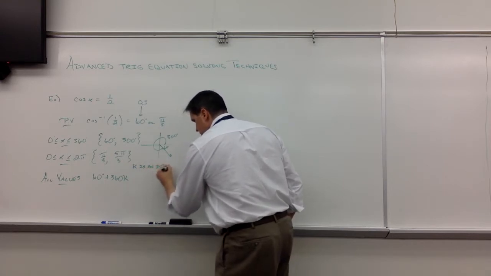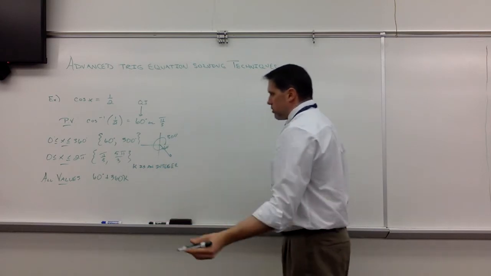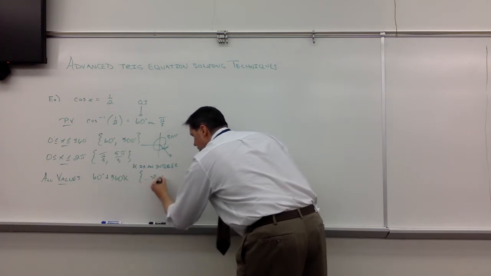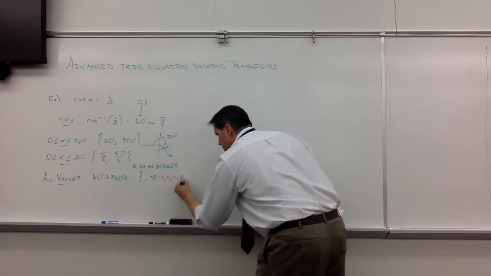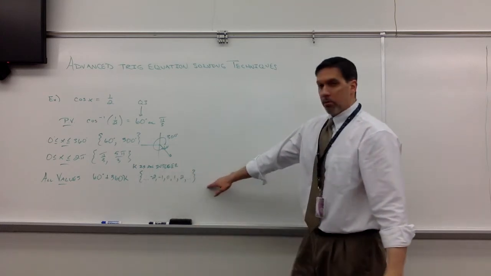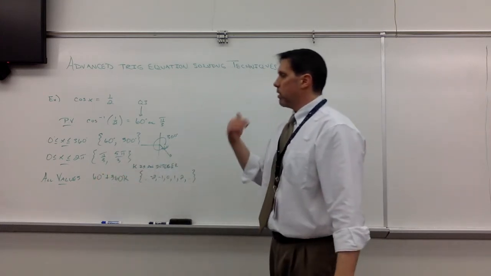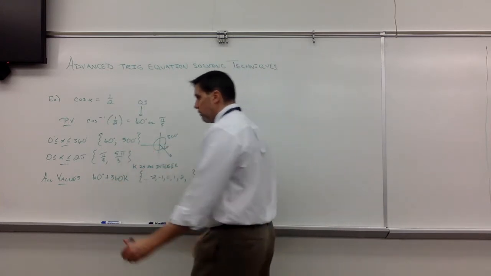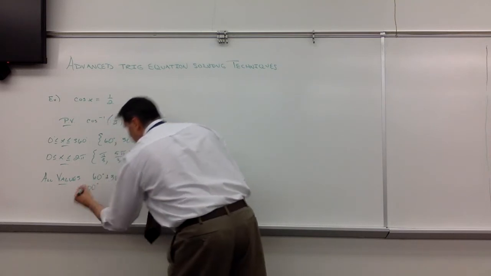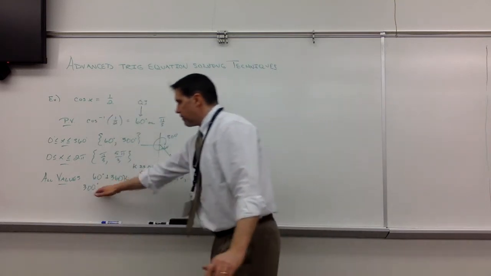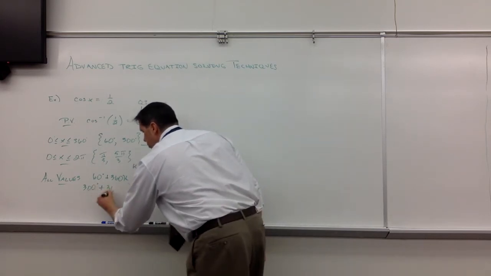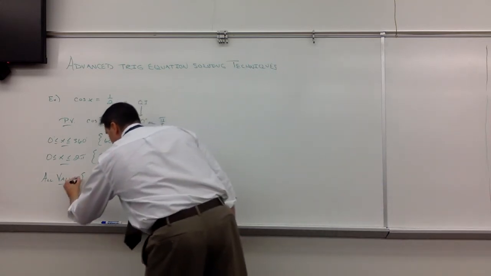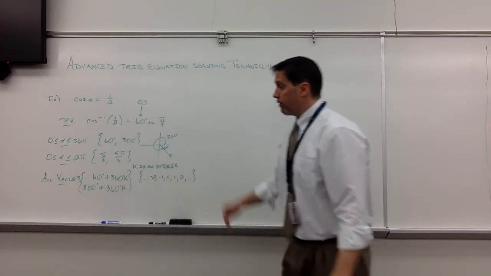Remember, integers we're talking about are -2, -1, 0, 1, 2. This would cover all our bases. So not only 60 degrees, but every angle coterminal with 60 is what you're saying. Now, that doesn't cover 300. 300 and 60 are two totally different angles. So we have to go with 300 plus every single angle coterminal with 300 degrees. And this would constitute our solution for all values.